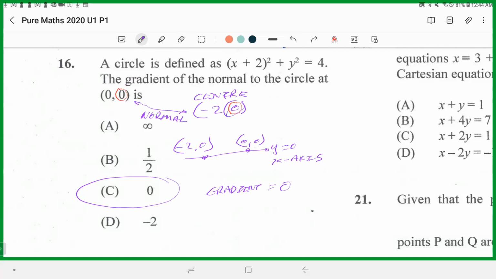The difference in y, this minus this, is going to give you 0 in the numerator anyway. So you could also calculate that the gradient is 0. If the normal was the y-axis, then the gradient would be infinity. Or any vertical line for that matter, the gradient is infinity. You mean undefined.